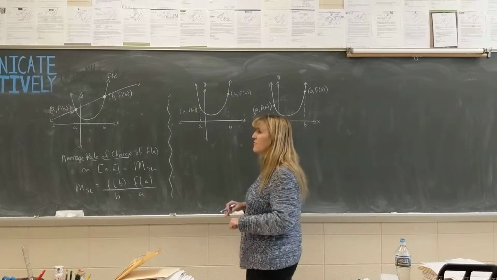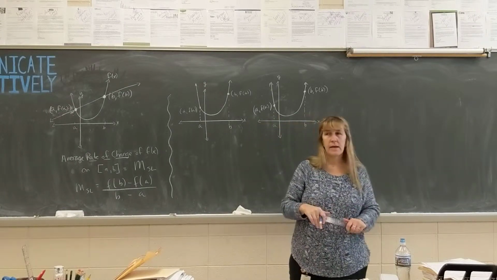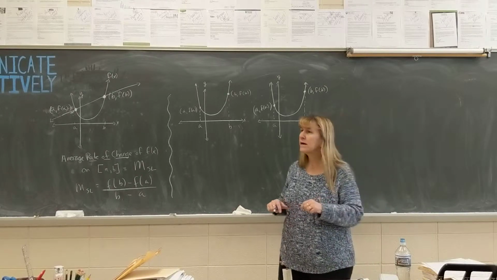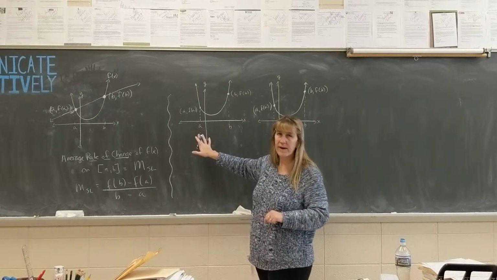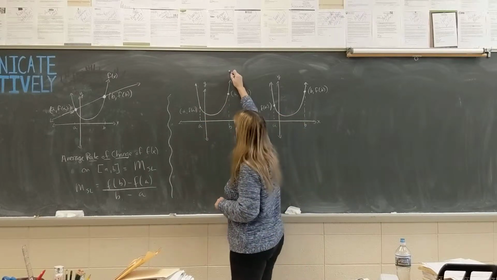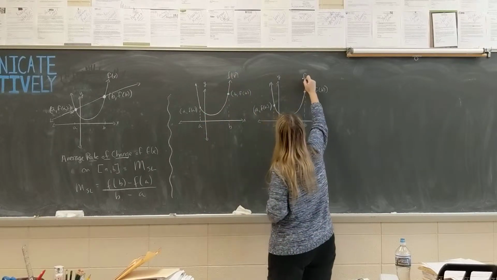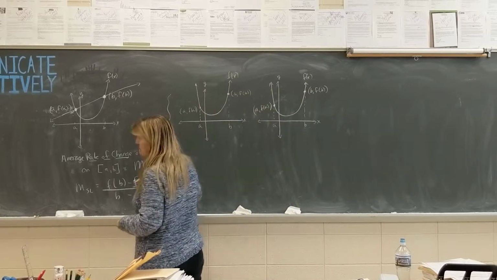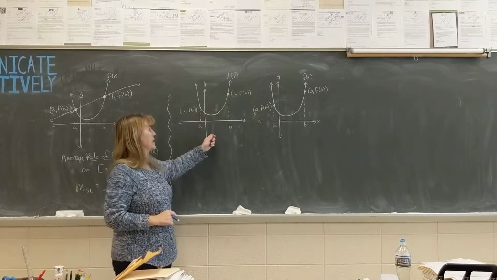So, the average value can be thought of in terms of comparing the area under the curve on one graph, bounded by the curve itself, which is my f of x, and the x-axis, and whatever boundaries you set, in this case, it's going to be x equals a and x equals b.